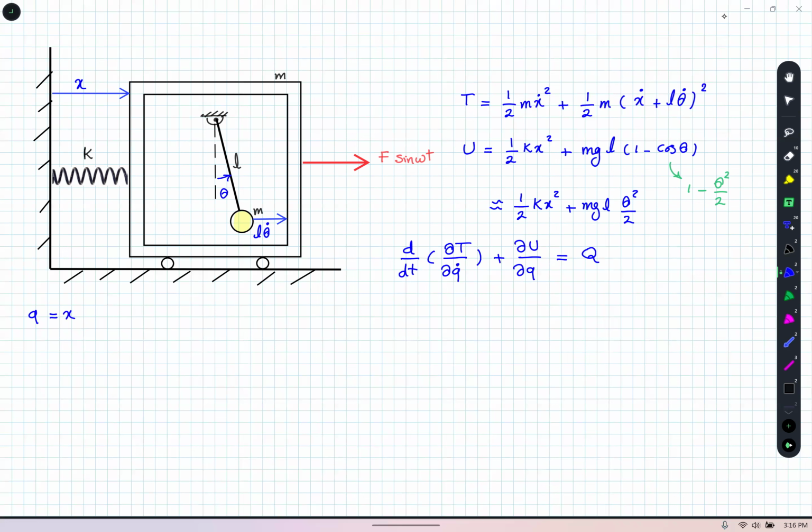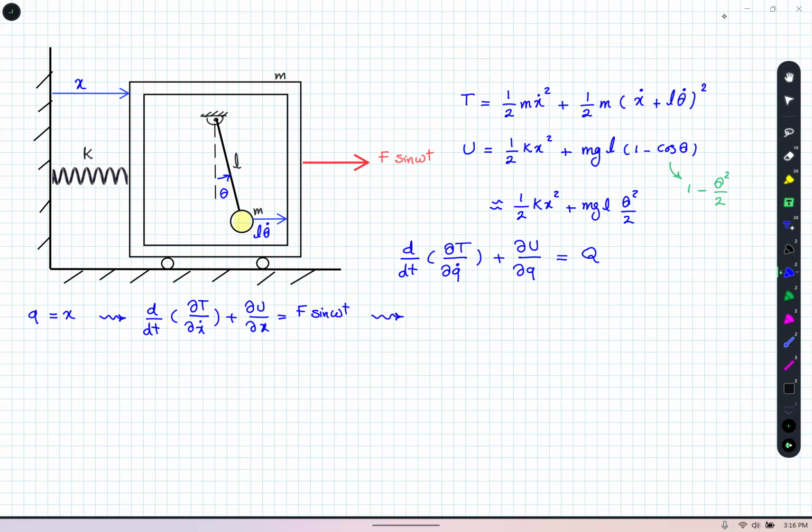If q is equal to x, my first variable, it means now I have the partial derivative of T with respect to x dot and the derivative of U with respect to x equal to an external load, F sine omega t, in the direction of x.